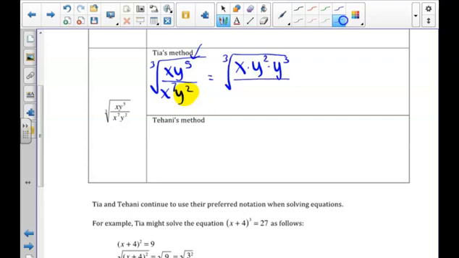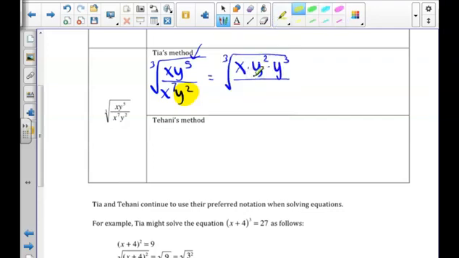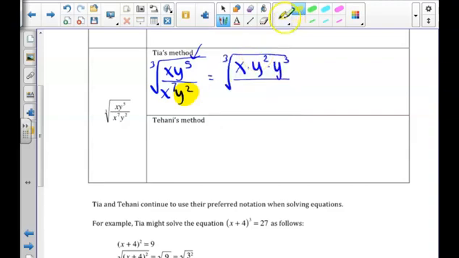In the denominator, I'm going to rewrite x to the 7th using x cubed, x cubed, and an x. So let me just write that. And bring the y squared.